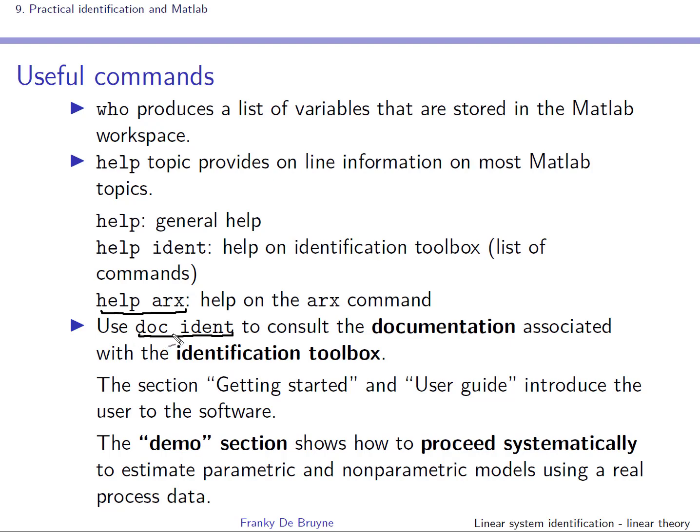For instance, this glass tube process example that you can look at before you start your system identification assignment. Some people think it is a loss of time. I think it's a loss of time when you don't have a look at those sections because they give you insight, and in this way you'll start your system identification assignment in the proper way.